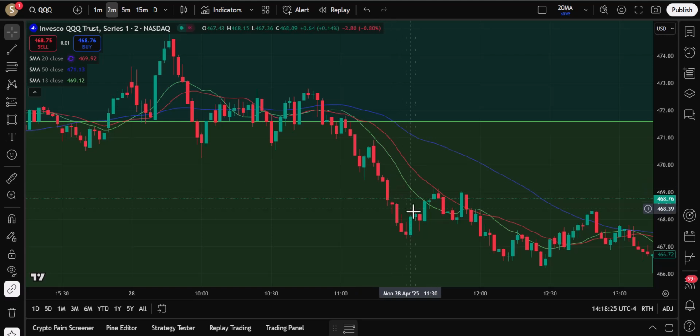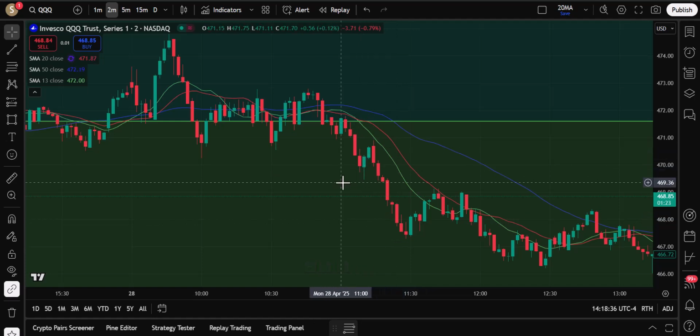The market breaks and continues down to around this 467.5 area. So that was a great trade for being short Qs or having 0 DTE puts.